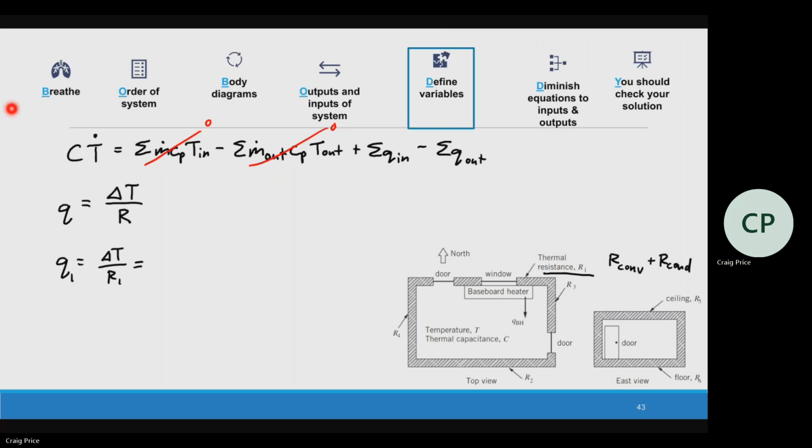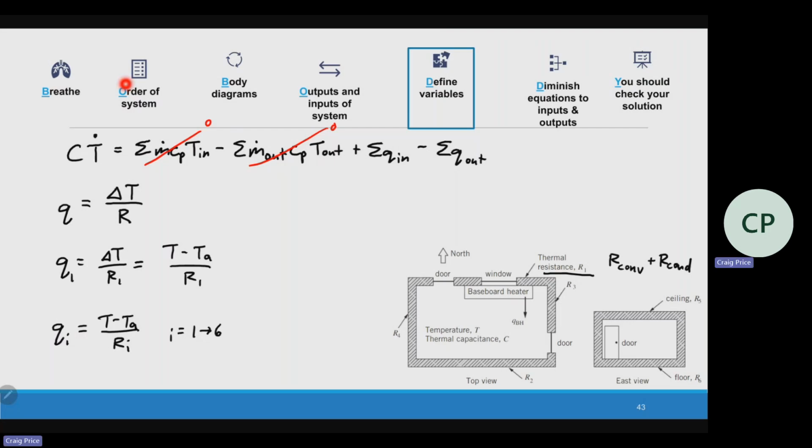Start there. T and T ambient. So which one's higher? Which one did we show on our diagram to be higher? Yeah, T. So we're going to have temperature of the room minus ambient temperature over R1. And really, we can just use this for all 1 through 6. So i is from 1 to 6.